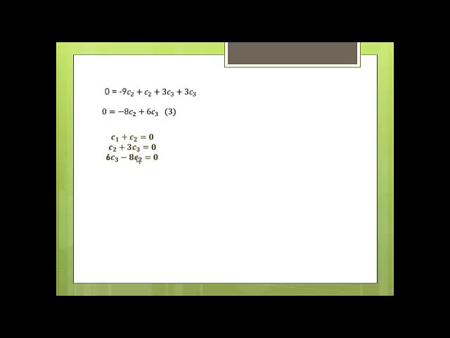With these equations, we can find the values of c1, c2, and c3, and their values are c1 equals c2 equals c3 equals 0. Then substitute these values into the general solution. We have y equals 1/3 times x minus 1 times e raised to the power of x. This will be our final answer.